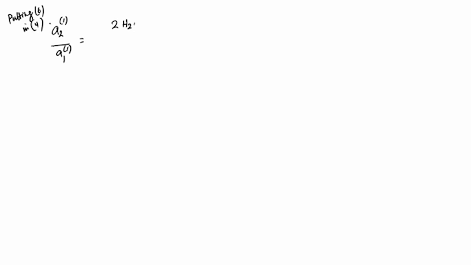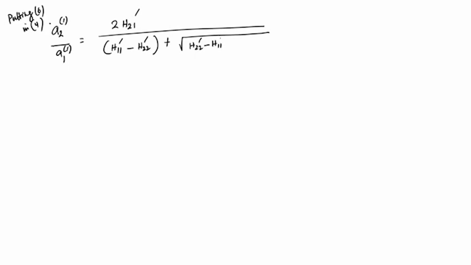So, 2H21 prime divided by H11 prime minus H22 prime plus root over of that, and we have H22 prime minus H11 prime square plus 4 H21 prime square and so on. Okay. So, this is equation 8.